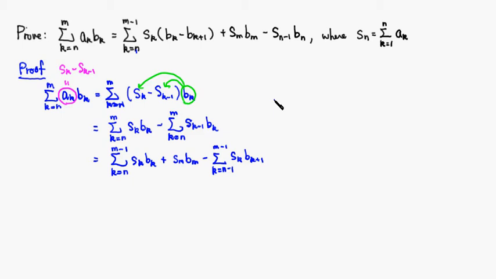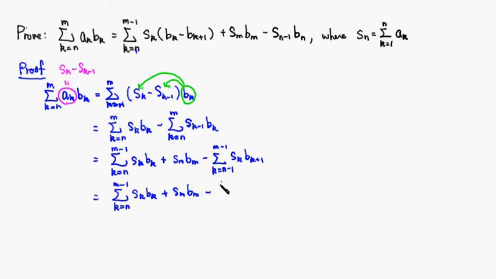Alright, then first there is the extra term when k equals n minus 1, so I'm going to pull that out. So you're going to have the summation k goes from n to m minus 1, s_k b_k, plus s_m b_m, minus, right?